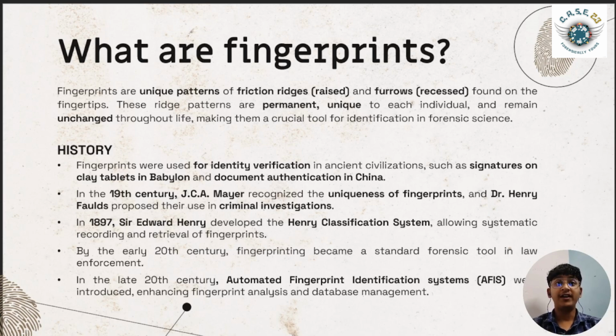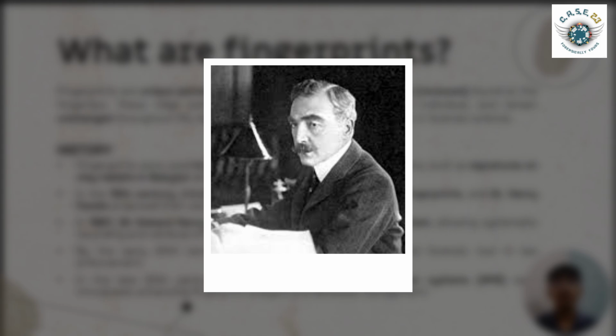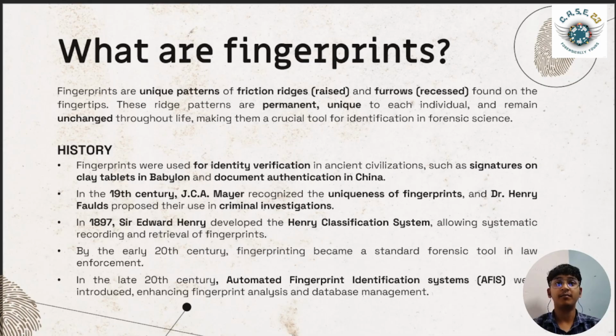Now, in 1897, Sir Edward Henry revolutionized the system by creating the Henry classification system, making it possible to catalog and search fingerprints efficiently. This changed law enforcement forever. By the early 20th century, fingerprinting became the gold standard for criminal investigations. Then came the digital age.